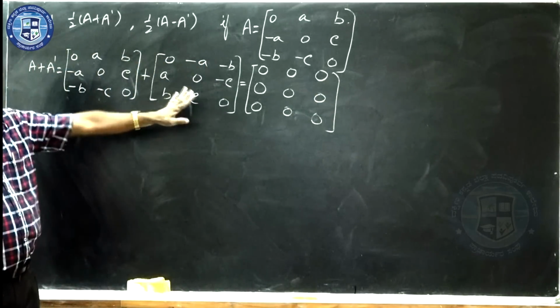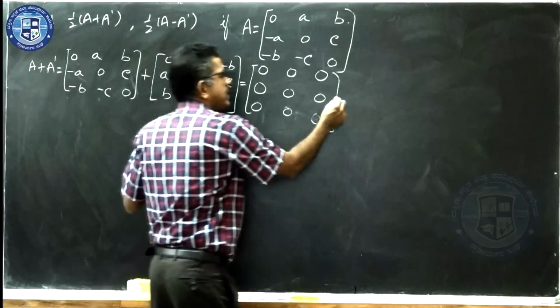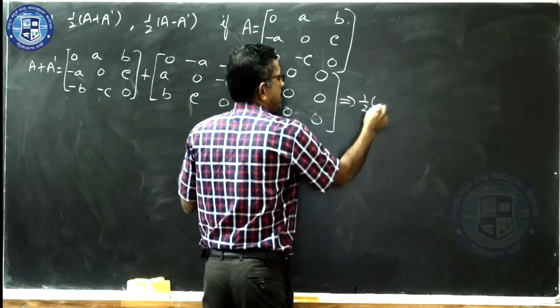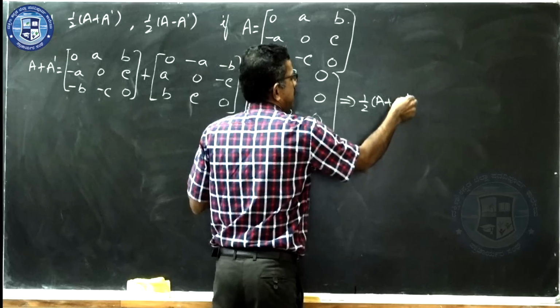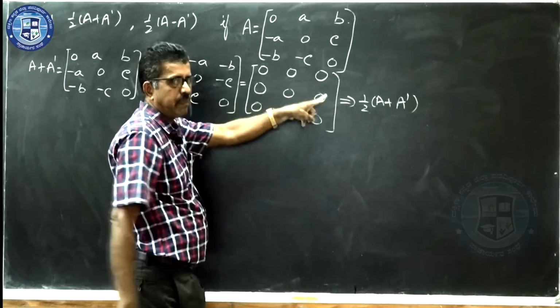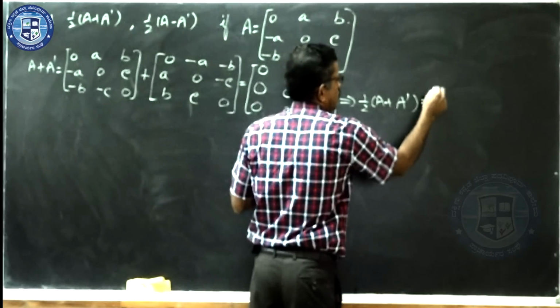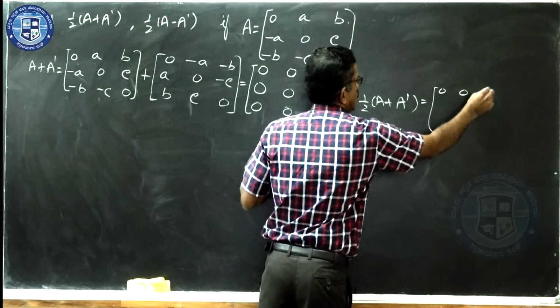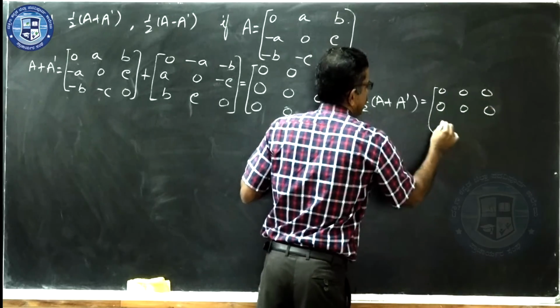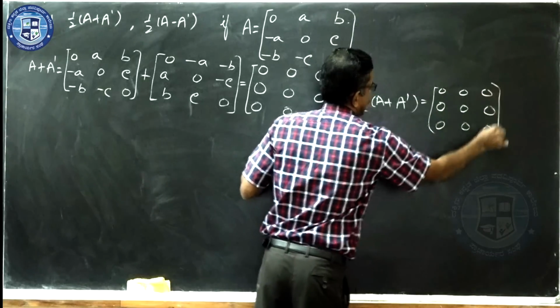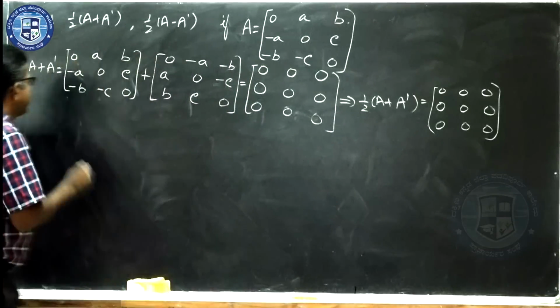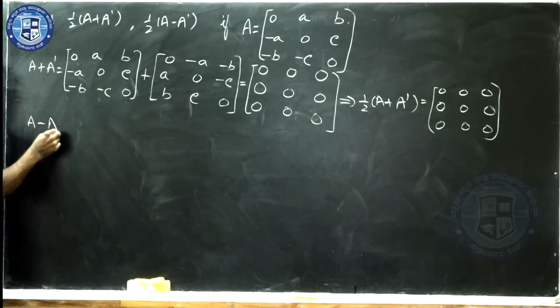We have A plus A dash as a null matrix, which implies half of A plus A dash, multiplying every entry by 1 by 2, also gives a null matrix only. Okay.